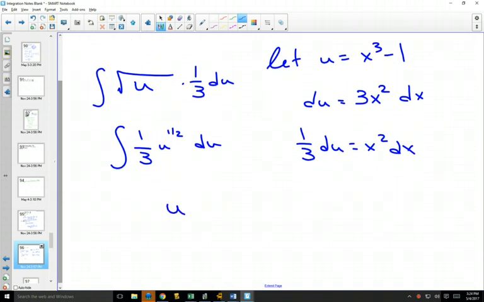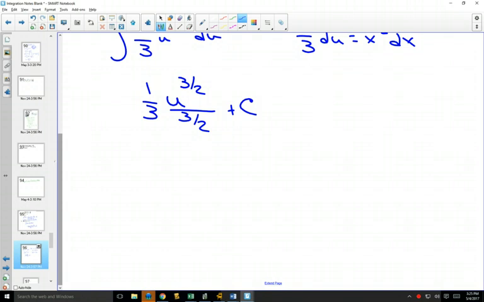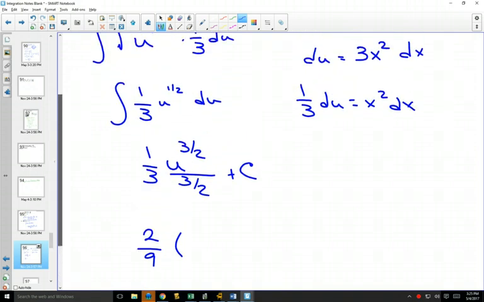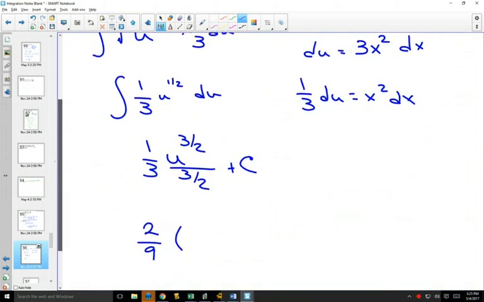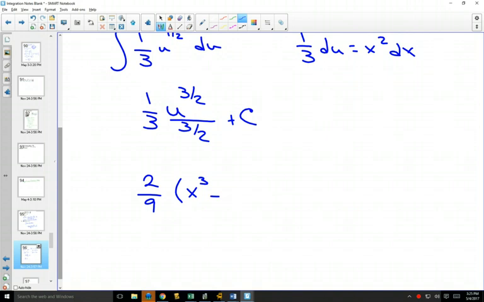Integrating this, add 1 to the exponent, divide by your new exponent, plus c, multiply by the reciprocal, you get 2/9. Substitute back, which was x cubed minus 1, plus c.